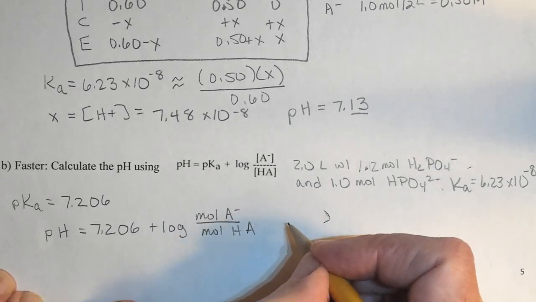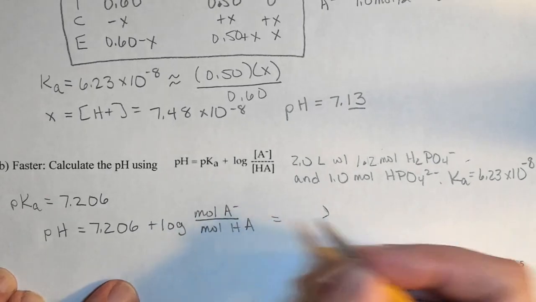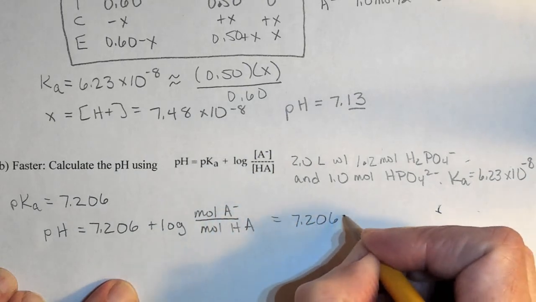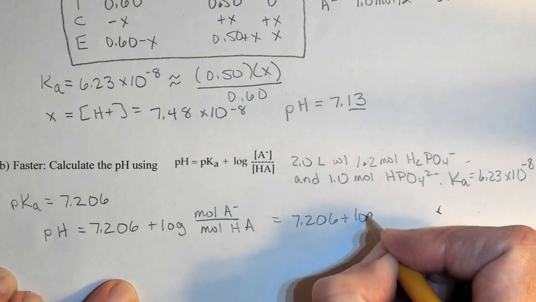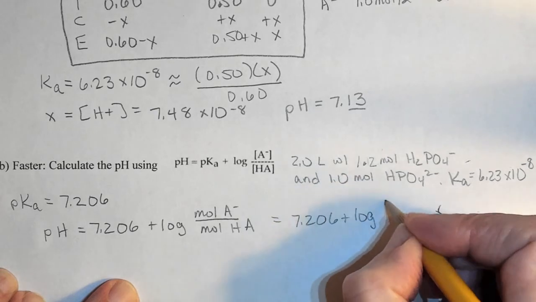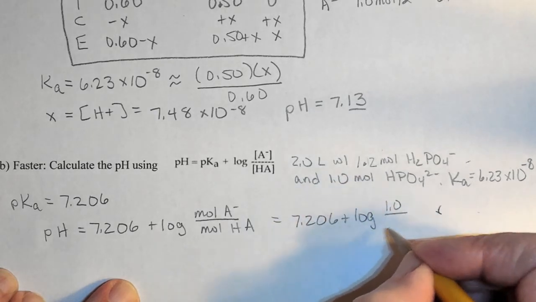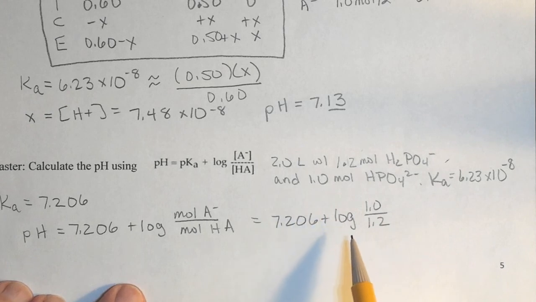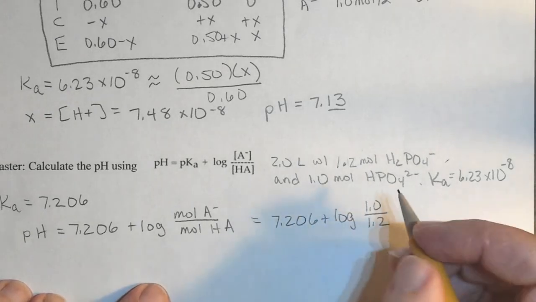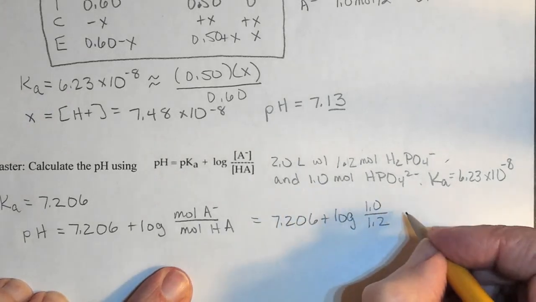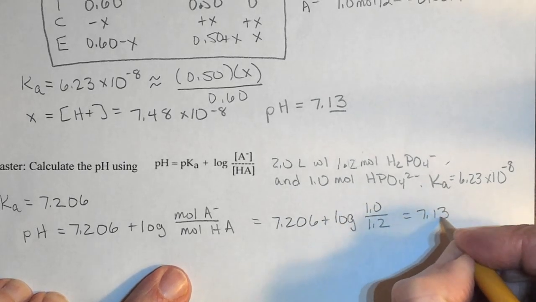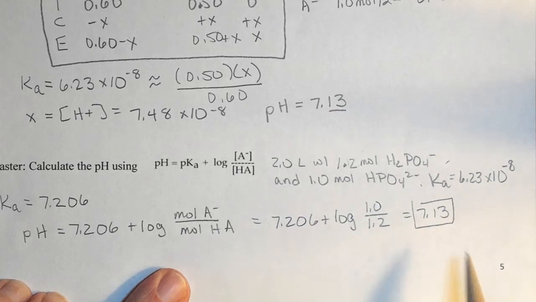And so that is going to be equal to 7.206 plus log 1.0 over 1.2, which is 7.13. Notice that's the same answer as we got above.